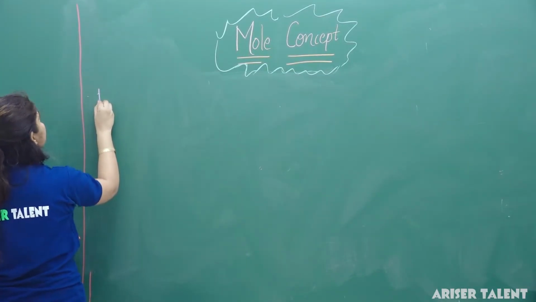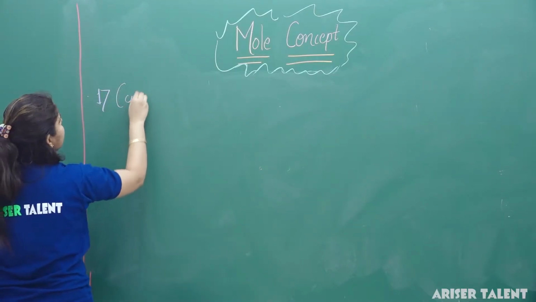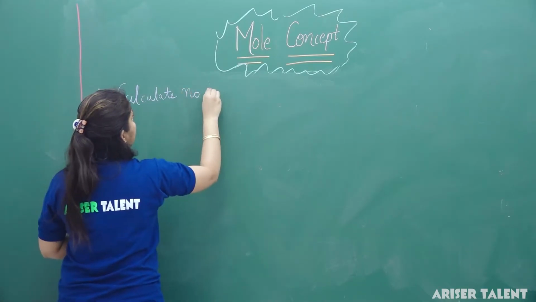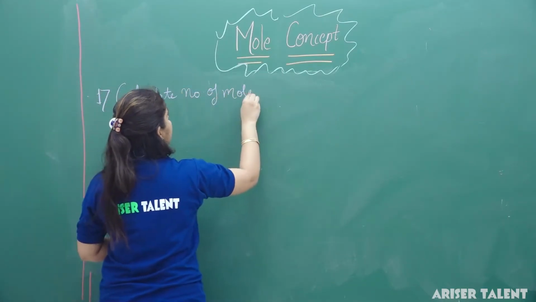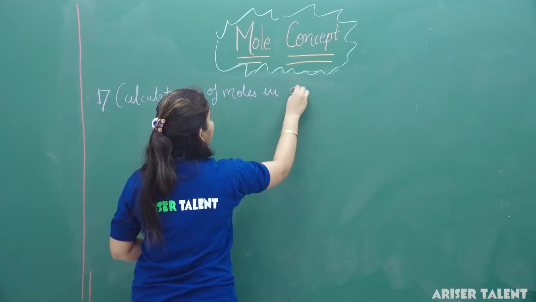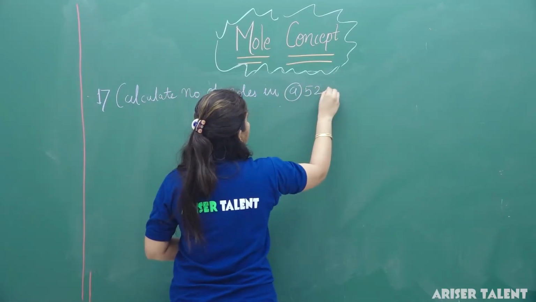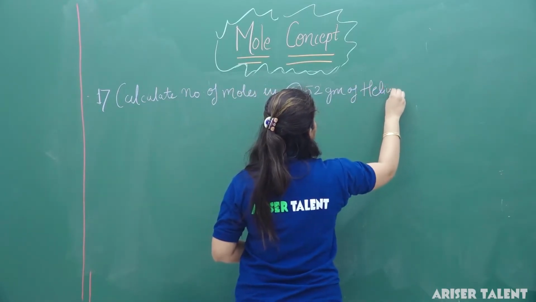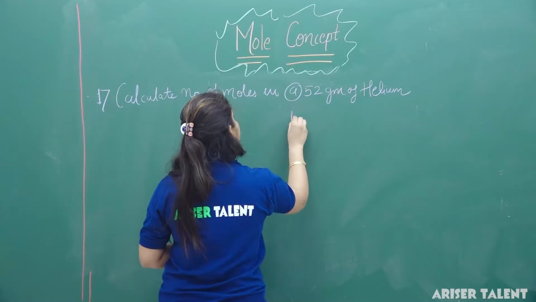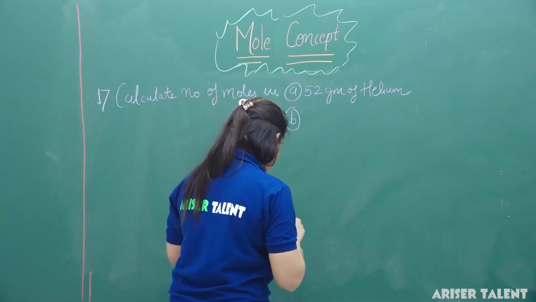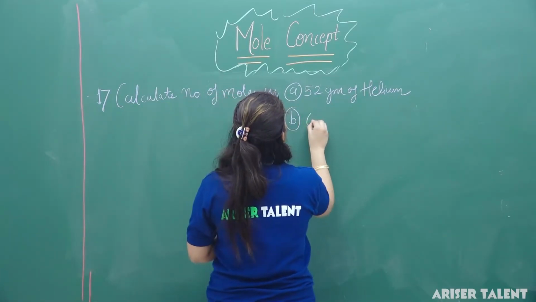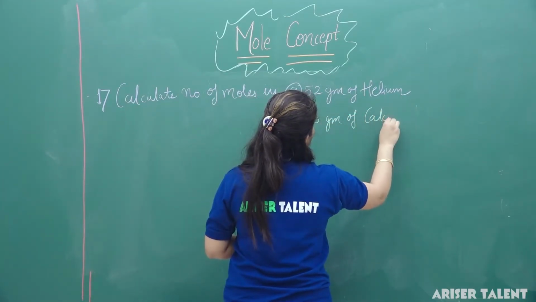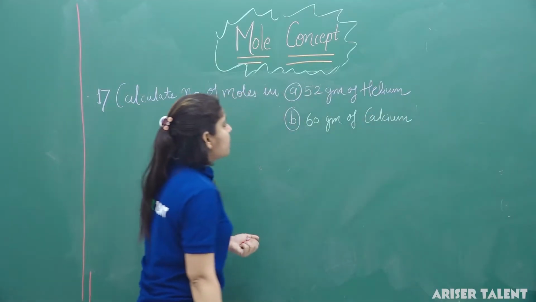Suppose we have our first problem, that is, calculate the number of moles in, first part, 52 gram of helium, second, 60 gram of calcium.